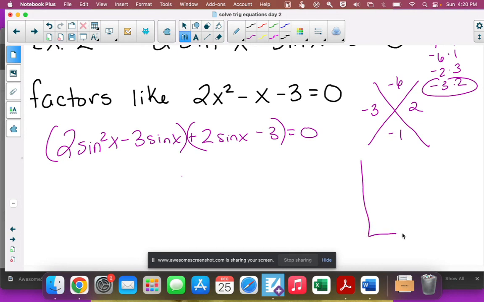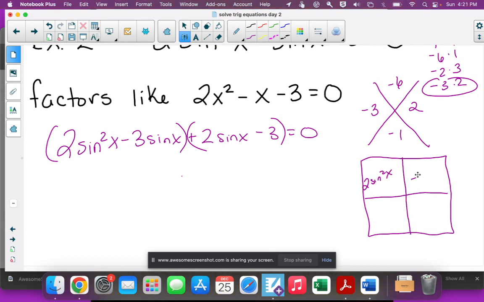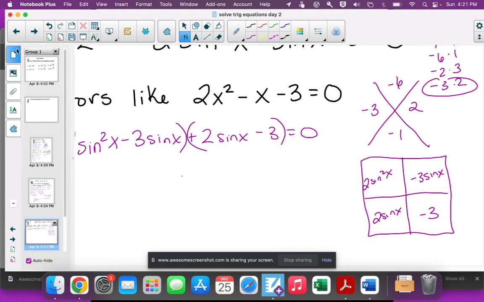This time I'll go ahead and set up the box for those that prefer this method. So 2 sine squared x minus 3 sine x plus 2 sine x minus 3. What has to multiply to give you 2 sine squared x? We know we have to have a 2 sine x and a 1 sine x, so it's the same situation as before.